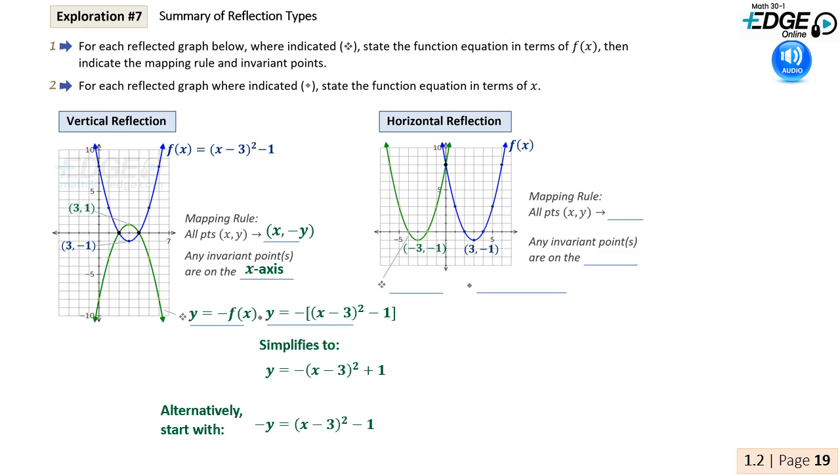The detail I need you to notice here is that the negative 1 becomes a positive 1. So it's not just the negative sign in front of the bracket. It's also distributing that negative 1, or that negative sign that doesn't have a 1 written, all the way to the negative 1 at the end there. We typically call that the k value. In Math 20, you may have seen it written as a q value.